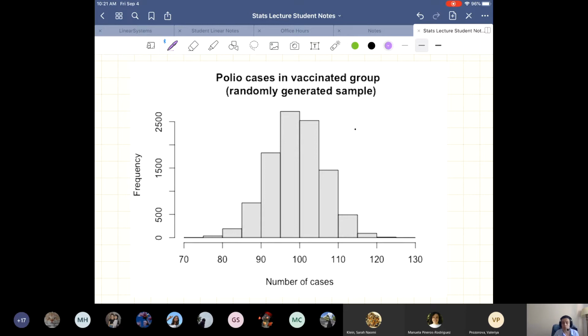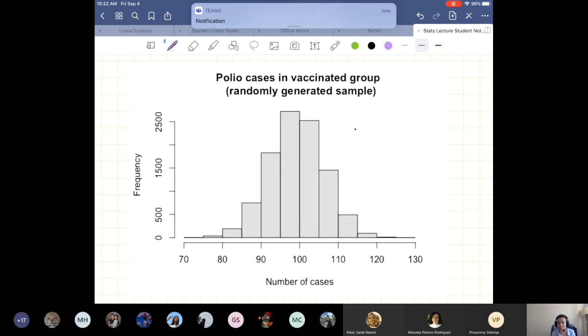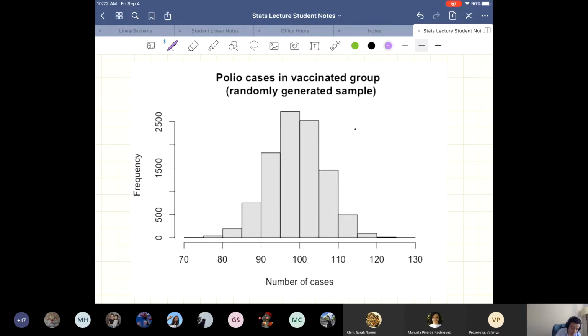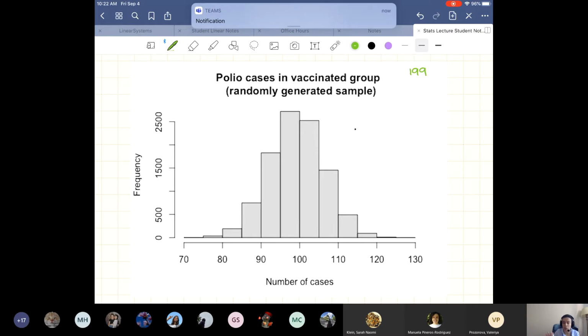Okay. So what's happening is that every single time I'm splitting the 199 cases into two groups, either the vaccinated or the polio. Eventually, we're going to do that with our studio. Now, reasonably, you see that most of the times, because you're splitting 199, you don't need to copy this.